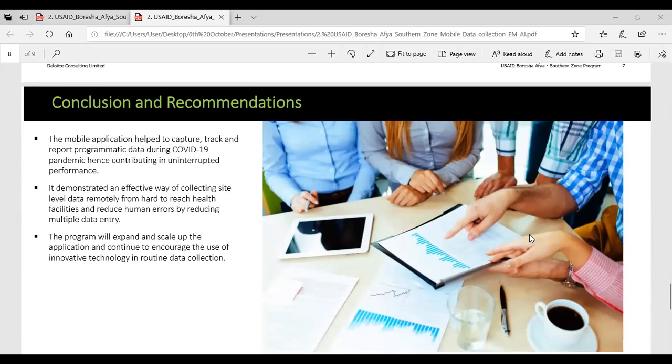So in conclusion, all I can say is DHIS2 tracker is a mobile application that helps us to capture, track, and report programmatic data during COVID without interrupting our performance that much. And also it's an effective way of collecting site level data remotely from hard-to-reach facilities.